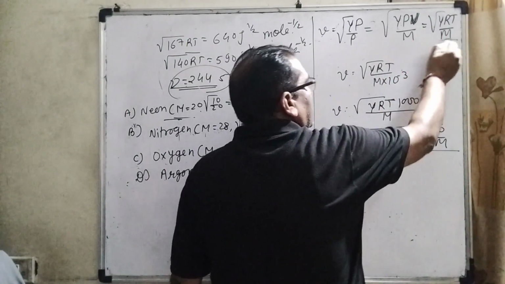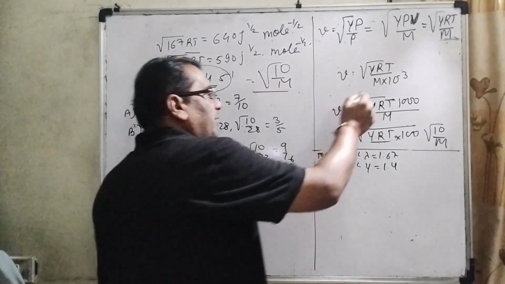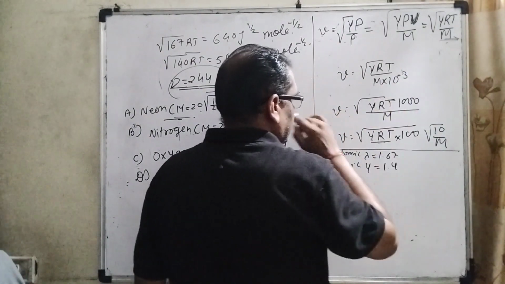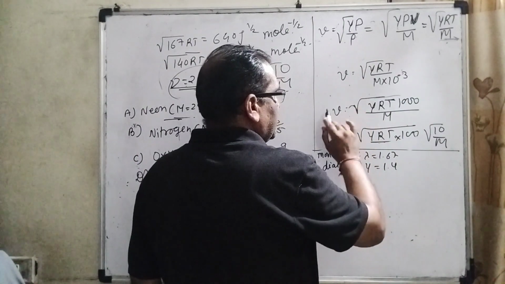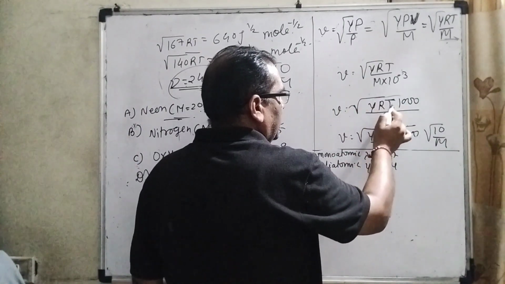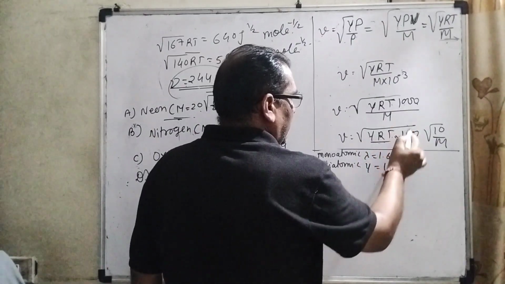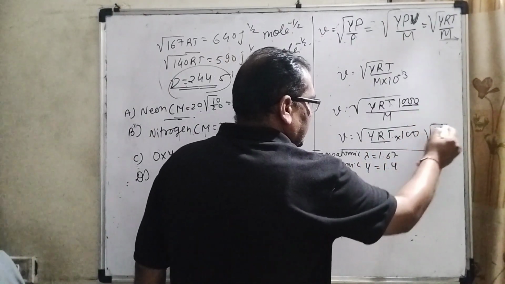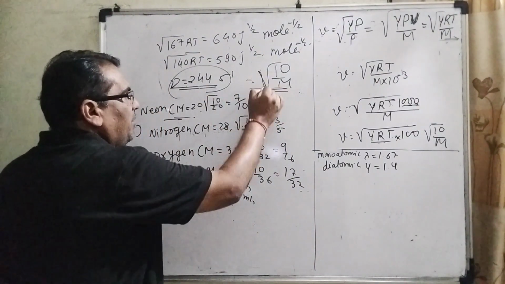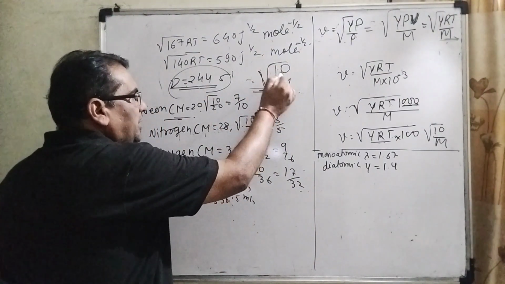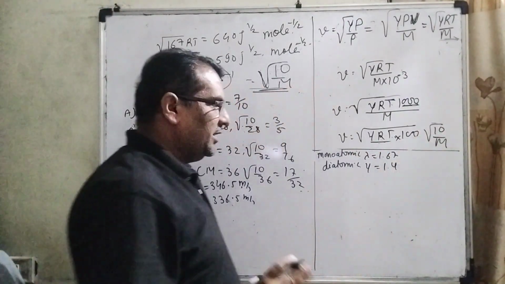The molar mass is given in grams, but our question is in kilograms, so we convert by multiplying by 10 raised to power minus 3. So it can be written as root of gamma RT times 1000 by m. Here all the values are given in the form of multiples of root 10 by m, so we segregate it into two parts.